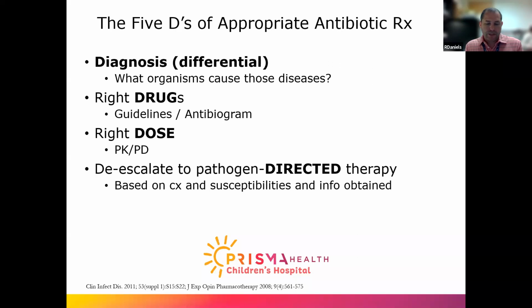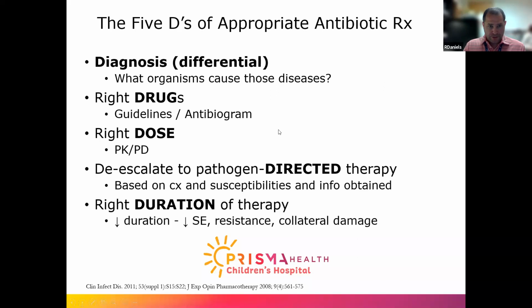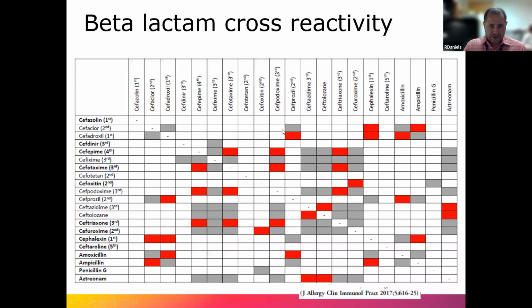For amoxicillin for pneumonia, we talked about using high dose potentially now to get into the lungs to get any of that resistant strep pneumo that is occurring. And then to de-escalate to the pathogen-directed therapy once cultures and susceptibilities are back. And then not over-treating, to decrease the collateral damage of resistance and so forth.